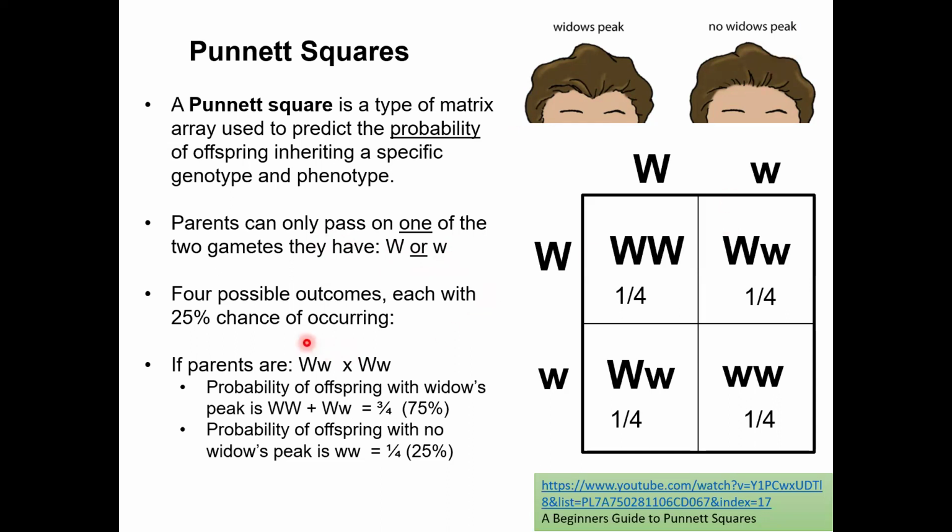In this case, if both parents are heterozygous, there is a 1/4 chance for each combination, except the heterozygous occurs twice. But when you look at phenotype, it's 75% widow's peak versus 25% no widow's peak.